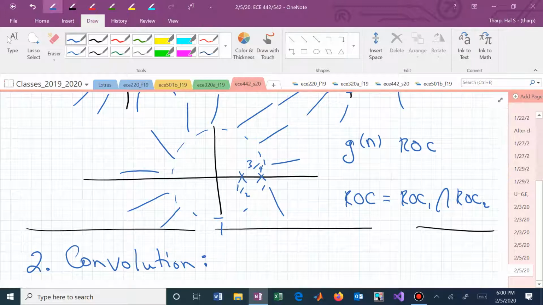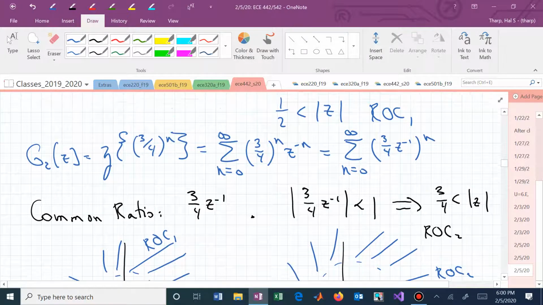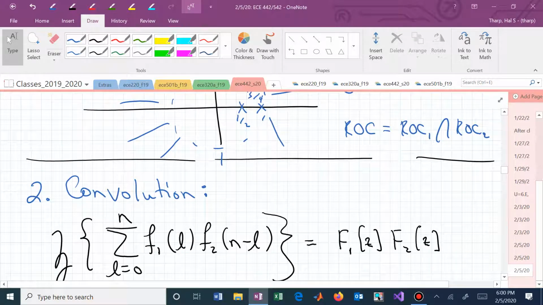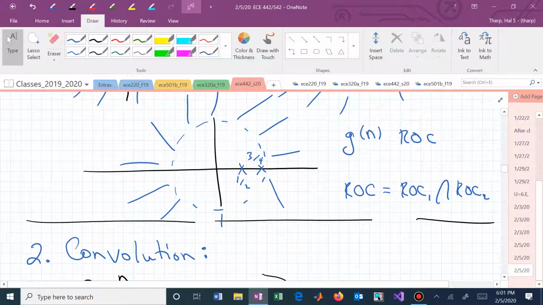In the first example, case A, the region of convergence actually got bigger, didn't it? Here it's getting smaller, because you want it to be true for all values of z when you have little g sub 1 plus little g sub 2. Yes? So now in this case, you couldn't tell it from my sketch, could you?